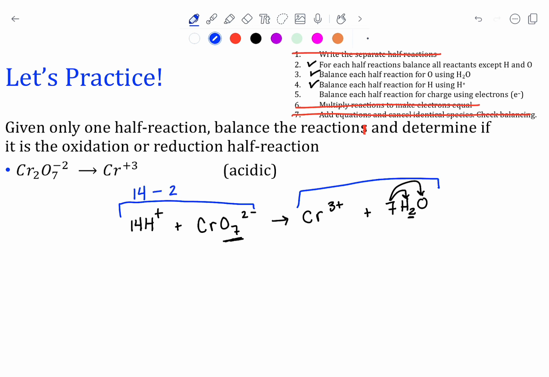We remove 2 of those 14 positives because of the 2 minus. So this gives us a charge of 12 plus on our reactant side. On our product side, the only thing that has a charge is the chromium, and that has a charge of 3 plus. So we have a charge of 12 plus on the reactant side and 3 plus on the product side. We now have to balance with electrons in order to get the same charge on either side. Remember, we have to add electrons to the more positive side. So which side do I need to add the electrons to, and how many electrons do I need to add?